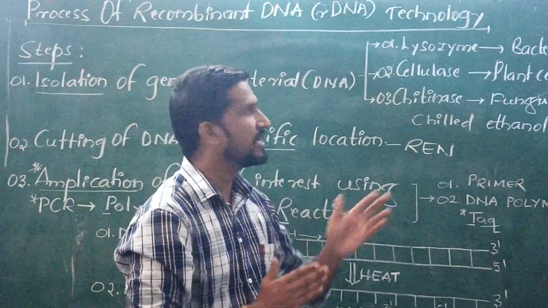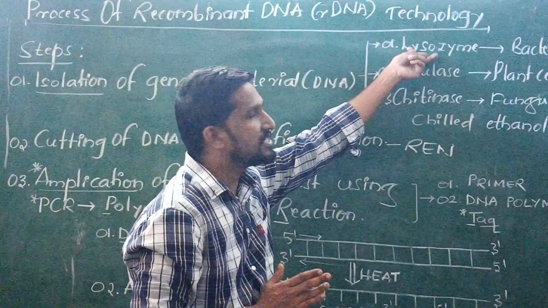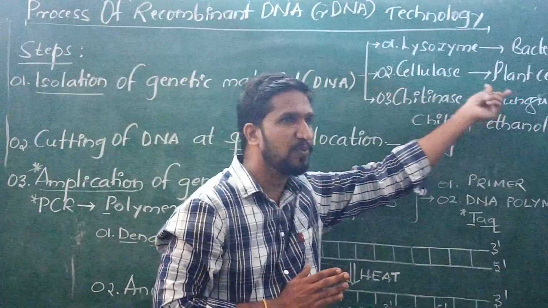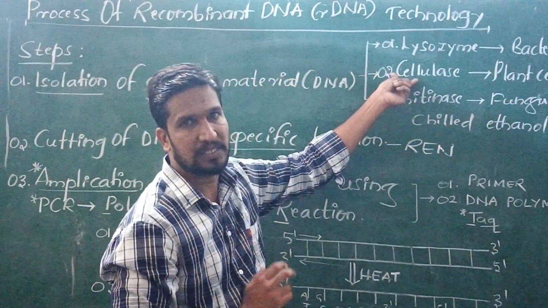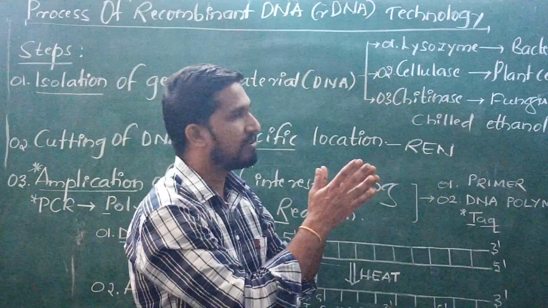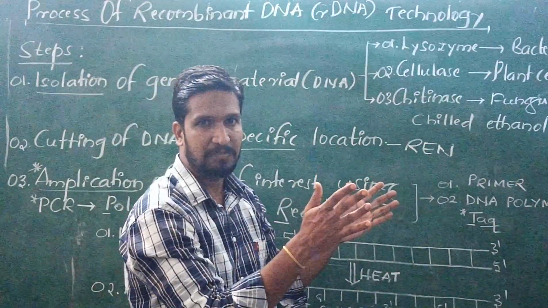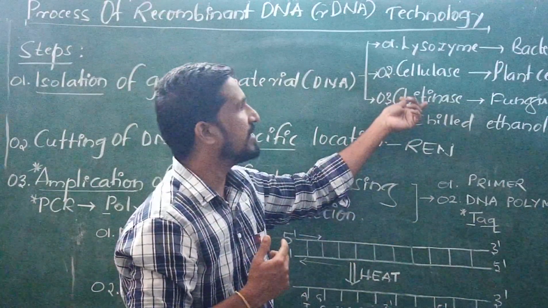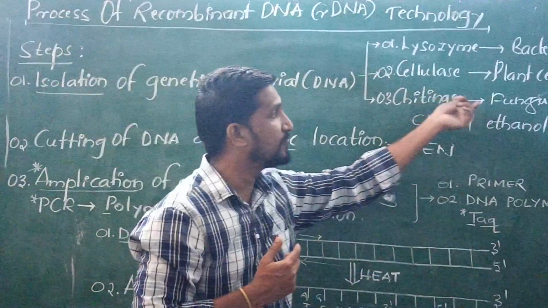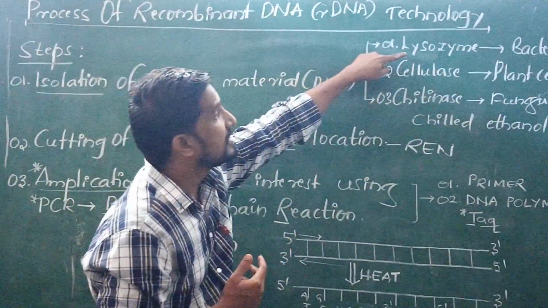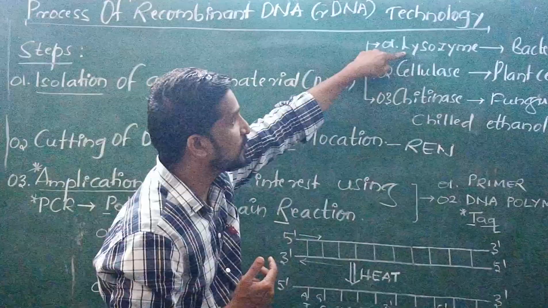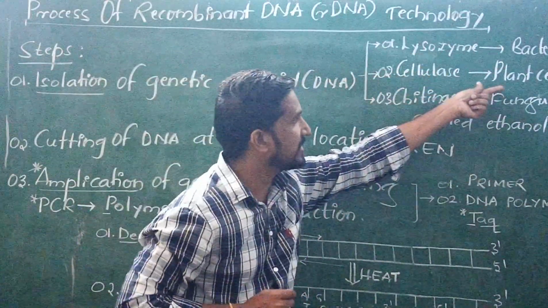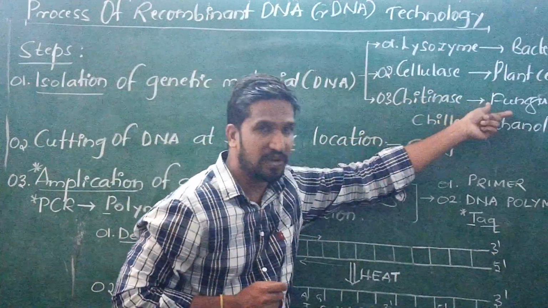Likewise, if the gene is present in a plant cell, we have to add cellulase. By adding cellulase, the cell organelles, cell wall and cell membrane become dissolved. We get only the nucleus, that is the DNA. Likewise, chitinase is an enzyme used for fungus. So lysozyme is used for bacterial cell, cellulase for plant cell, and chitinase for fungal cell.